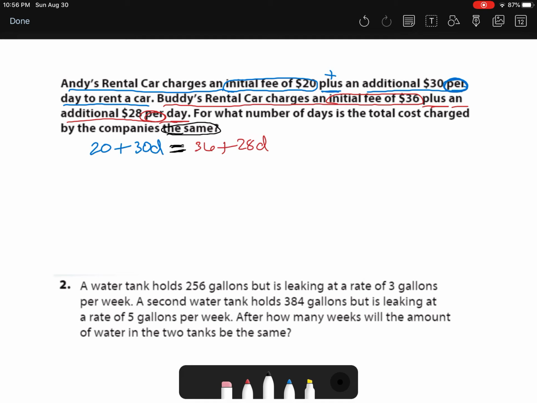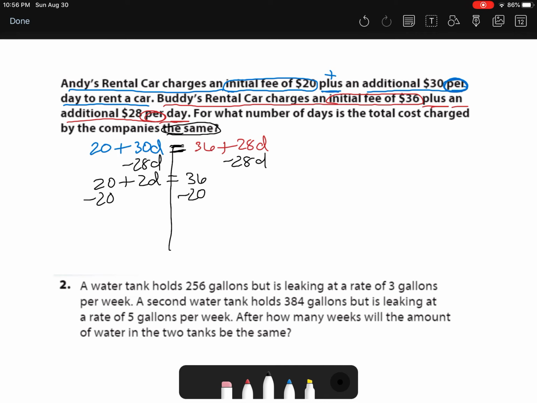All right, so there's no distributing, and there's no combining like terms, but I do need to get variables to one side. So subtract 28D, subtract 28D. 20 plus 2D equals 36. Now we move the constant.